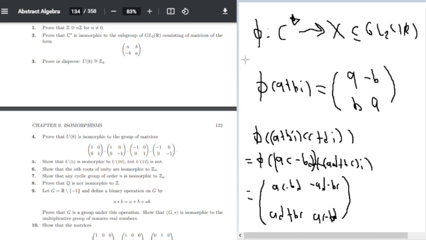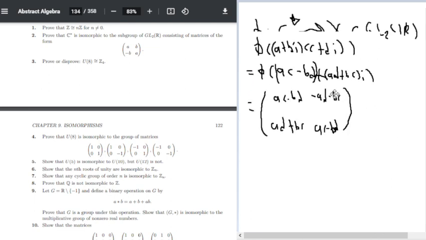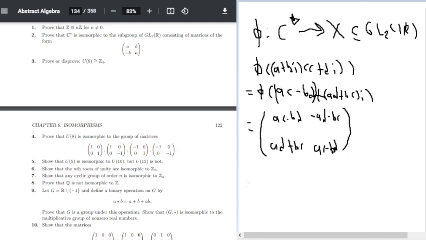Now, what we want to prove is that if this is a homomorphism, it should be equal to the product of a, negative b, b, a times c, negative d, d, c, which is equal to ac minus bd.